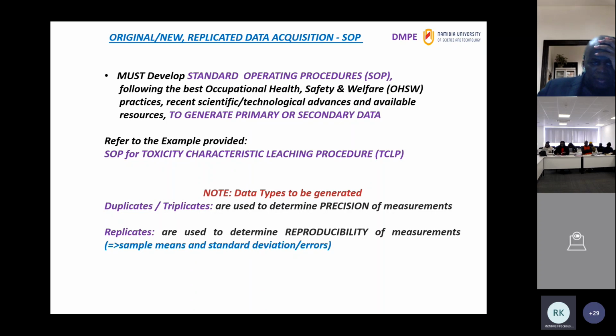We also have to talk about occupational health, safety, and welfare, because some of the chemicals you may be dealing with may be toxic, carcinogenic, mutagenic, and radioactive, and all that.